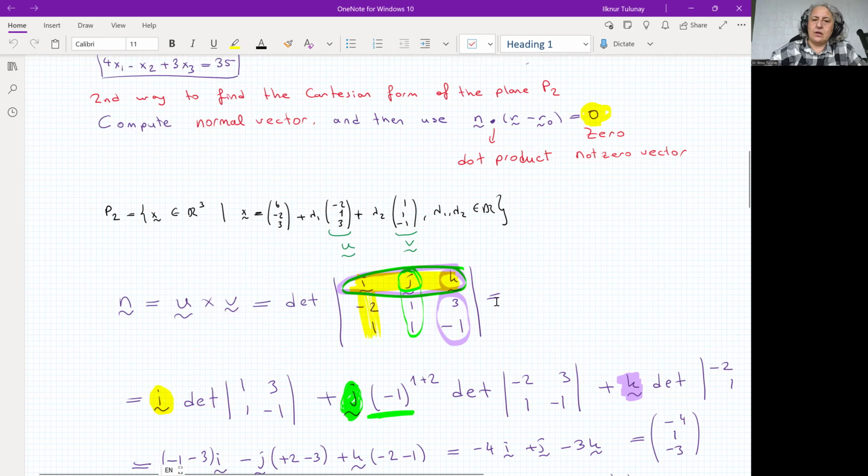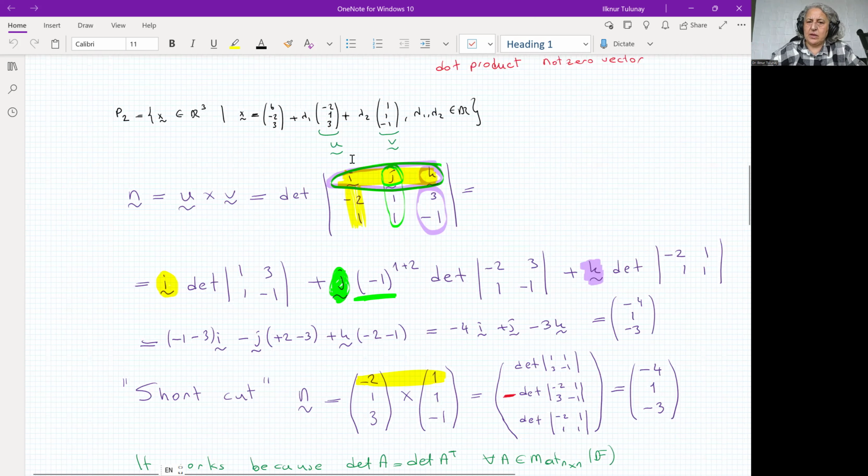So the normal vector is given by u cross v. I, j, k will be the first row. The second row is the u vector, minus 2, 1, 3. The last row will be the vector v, 1, 1, minus 1, basically the transpose of this. Okay, so we would like to calculate a determinant.